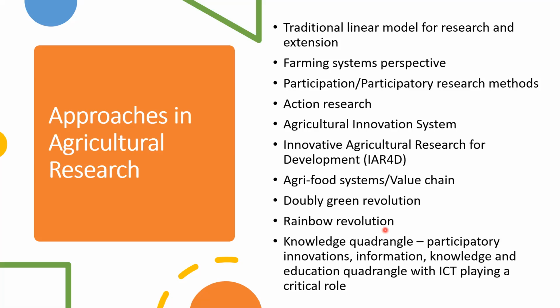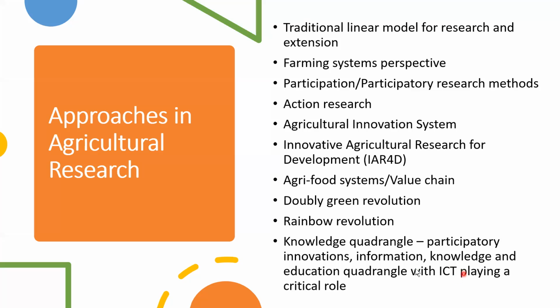Then knowledge quadrangle, participatory innovations, information, knowledge and education quadrangle with ICT playing a key role. So that is basically the use of different kinds of information to develop a system for agriculture.